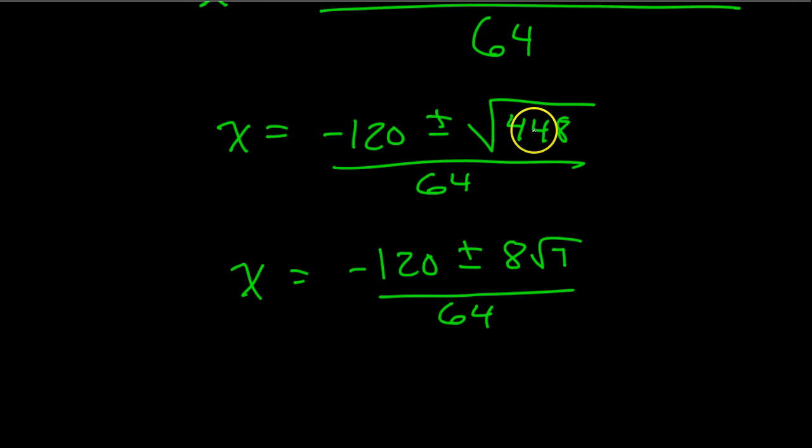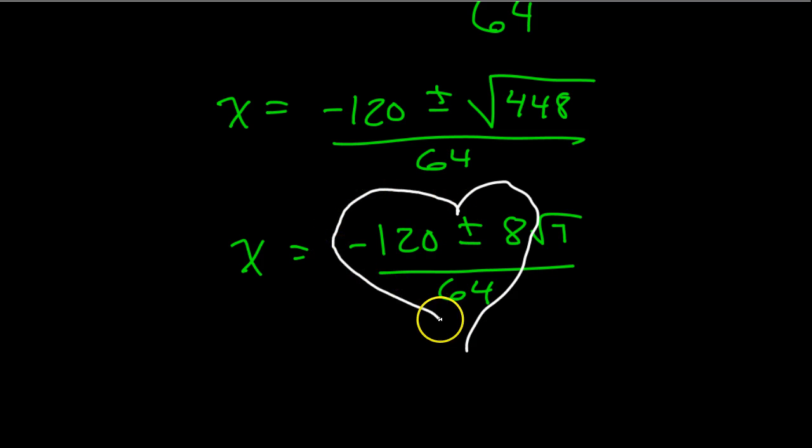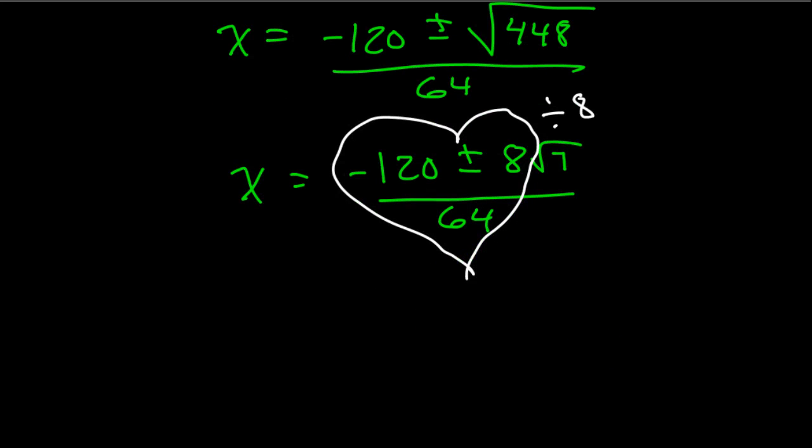Alright, I was really hoping we were going to get a perfect square, but we were not that lucky. Now, all three of these numbers are divisible by 8. So let's reduce by doing that. 120 divided by 8 is 15. So I'll have negative 15 plus or minus radical 7 over 8.